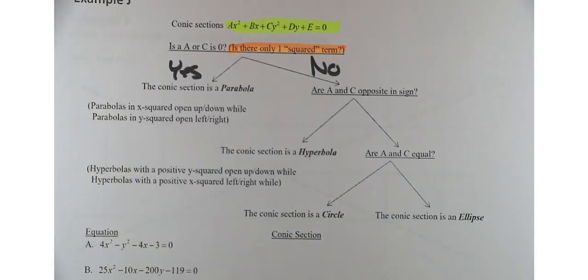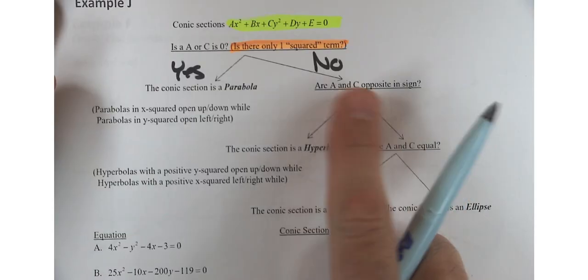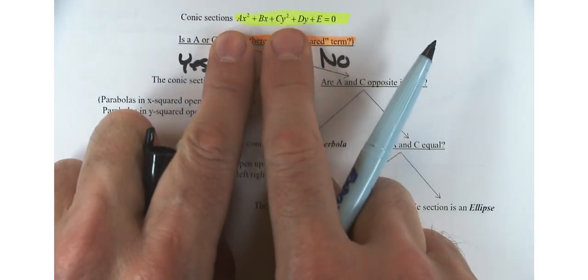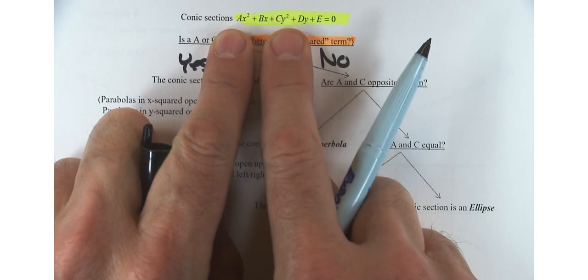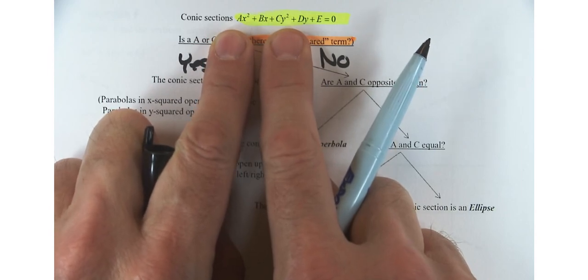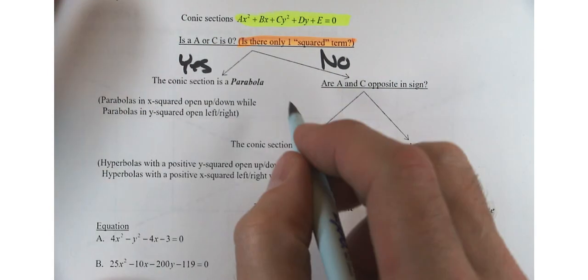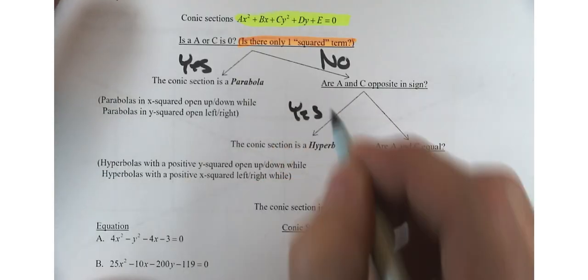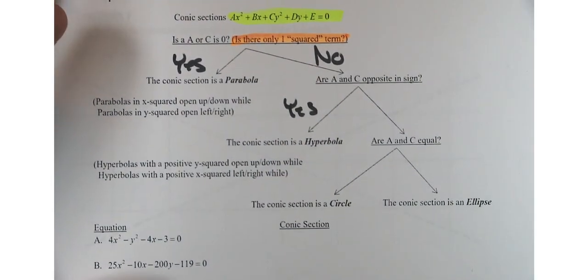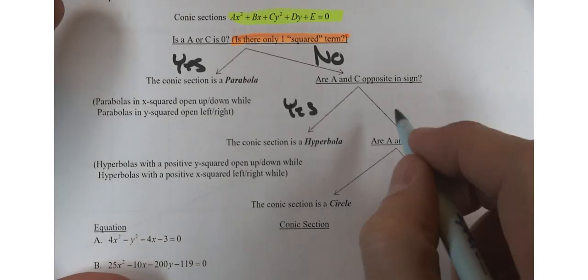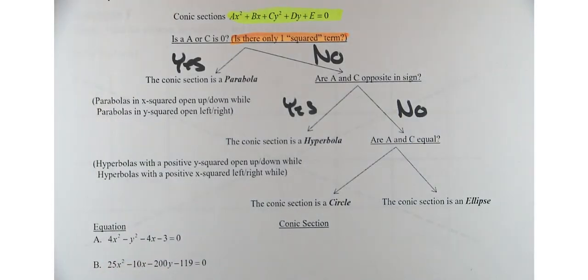So, are A and C opposite in sign? Those are the coefficients of your squared terms. If one of them is positive and one is negative, then you're dealing with a hyperbola. So the answer here is yes, you're dealing with a hyperbola. If it's no, then you've got one last question to ask yourself.